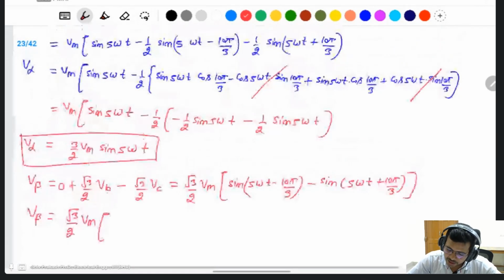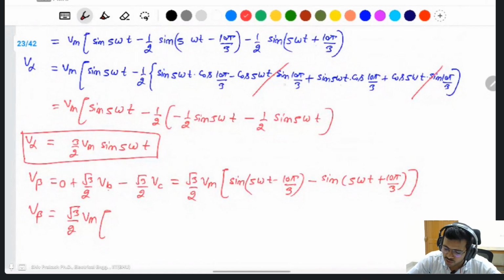In this, the cos 5 omega t into sin 10 pi by 3 is cancelled out, because you have taken the negative common, that this is the positive, sin 5 omega t plus 10 pi by 3 plus is there, but here is the minus, then this portion will be cancelled out in this condition.